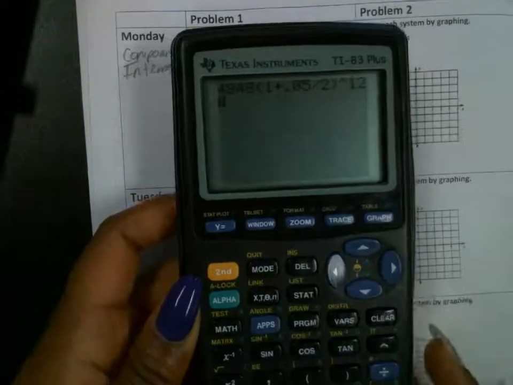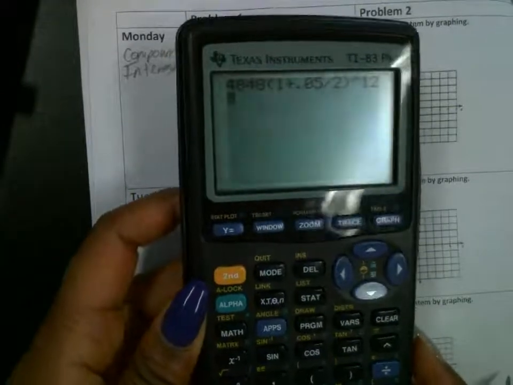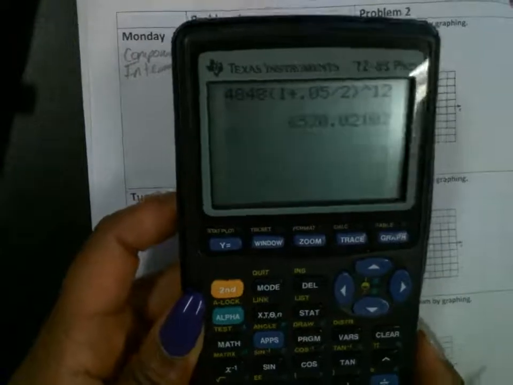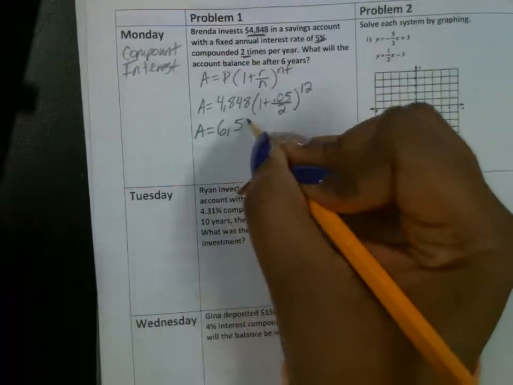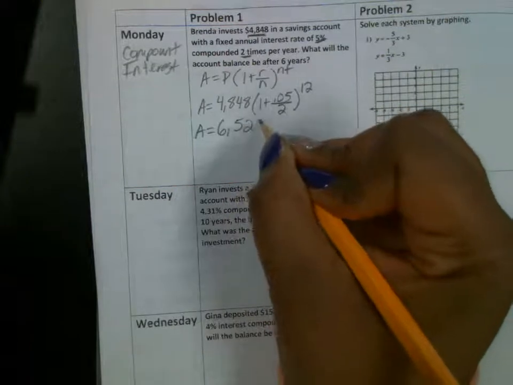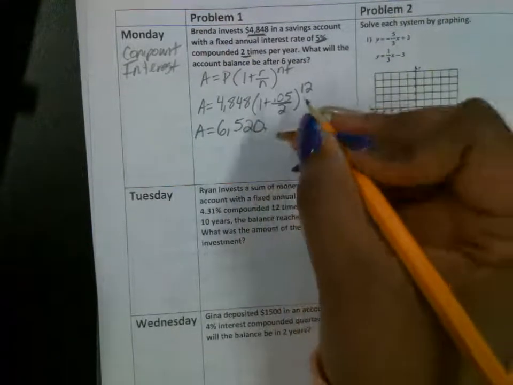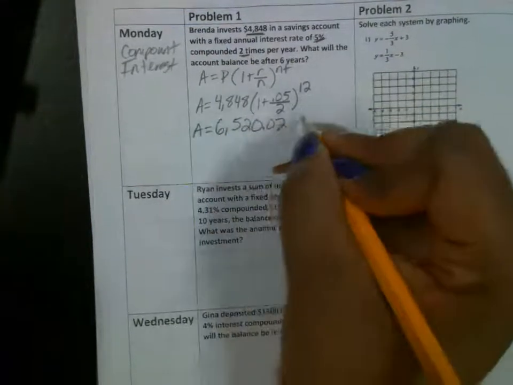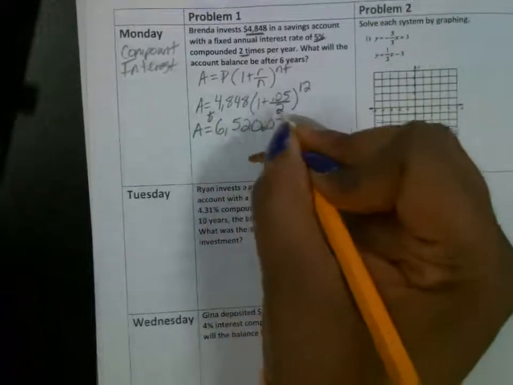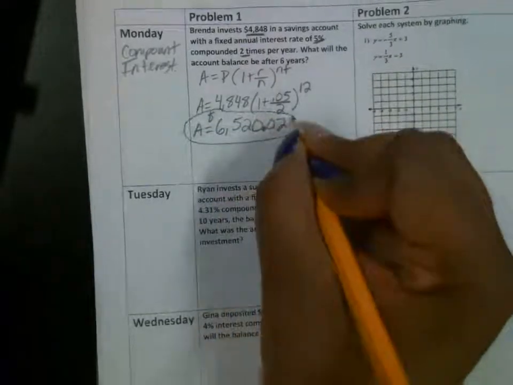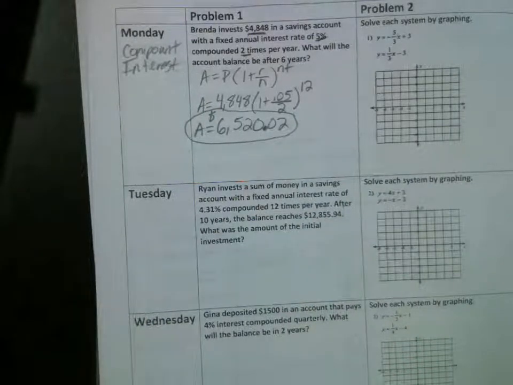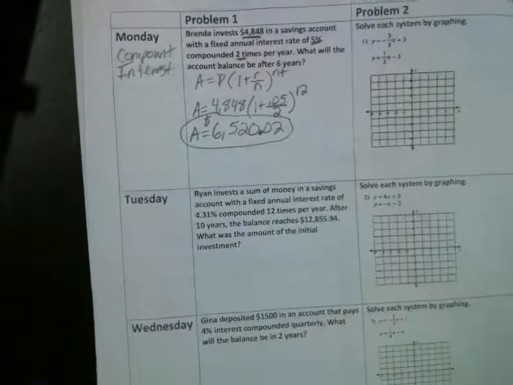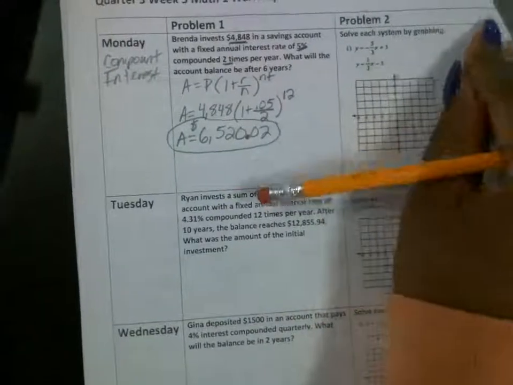And how much money does that give me? $6,520 and how many cents? 2 cents. That's after 6 years. Did anybody get that right on their own? Okay, that's good. All right, so now let's look at the next problem.